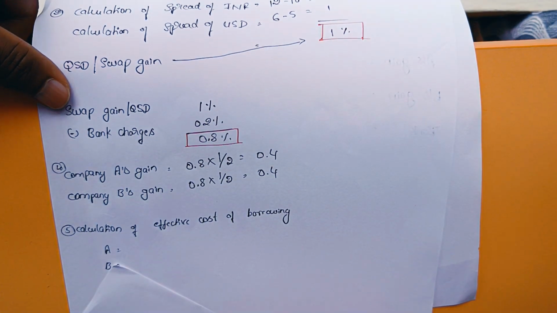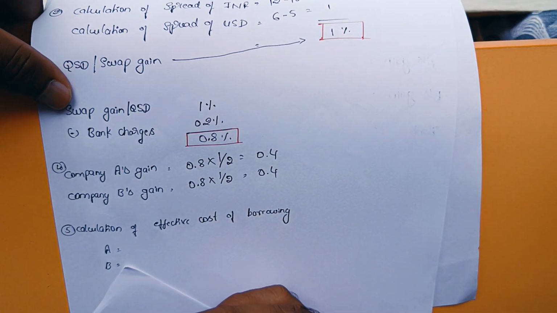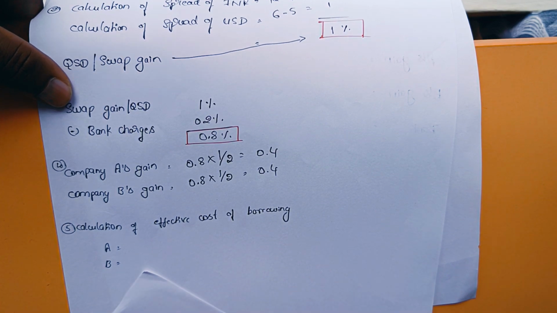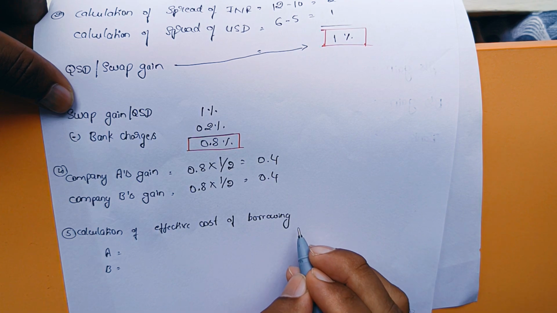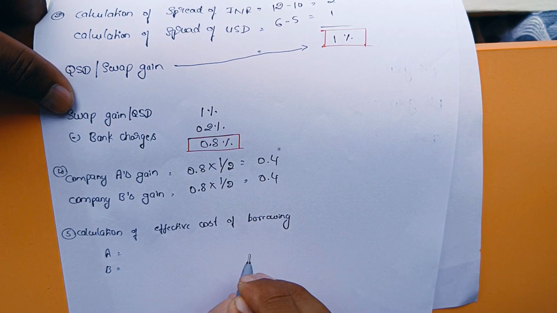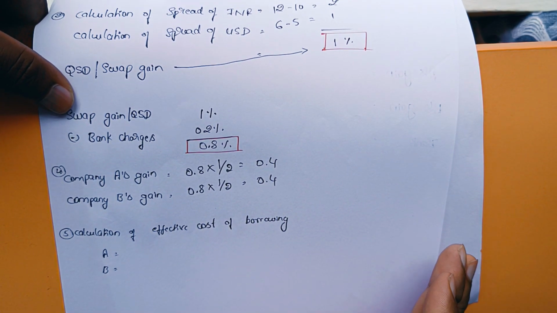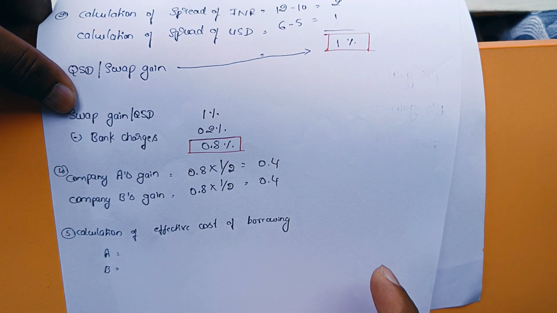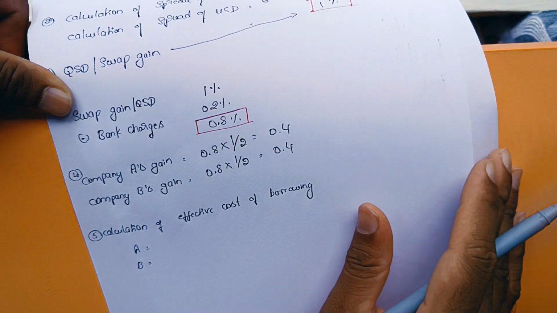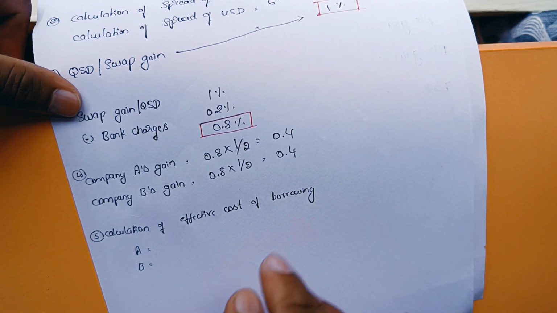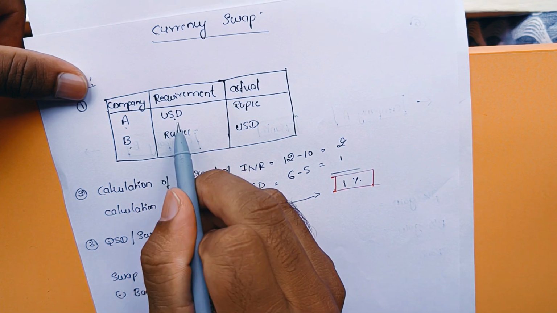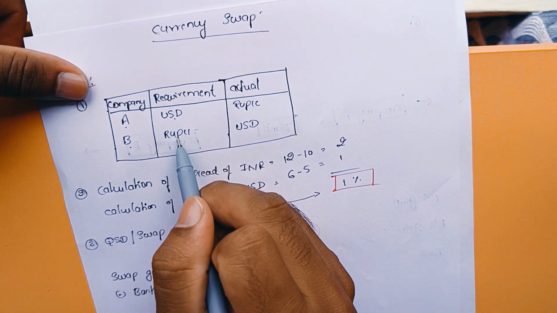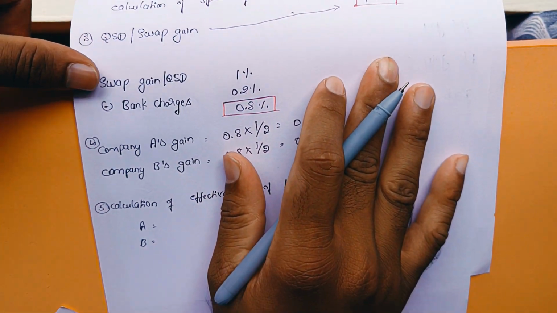After calculation of A's gain and B's gain, we are going to calculate the effective cost of borrowing. This step was not followed in interest rate swap, but here we are going to follow the effective cost of borrowing. Effective cost of borrowing is nothing but whatever the requirement they wanted. Here A wanted USD, B wanted rupee. The same we are going to write here.